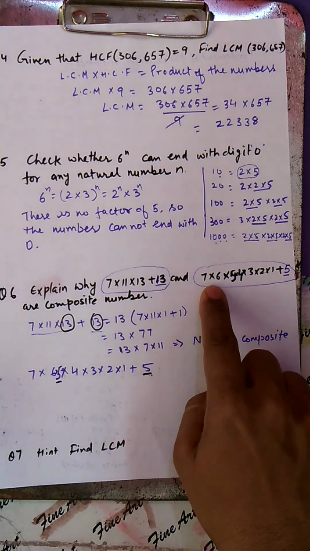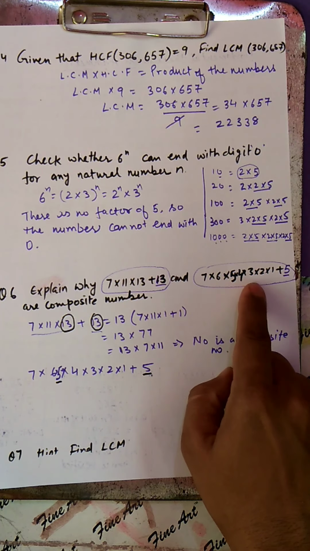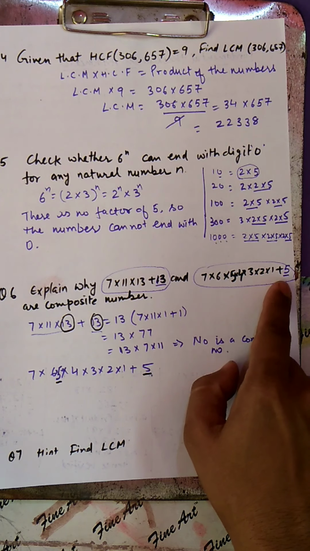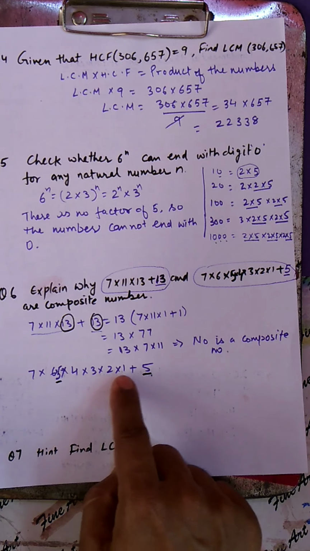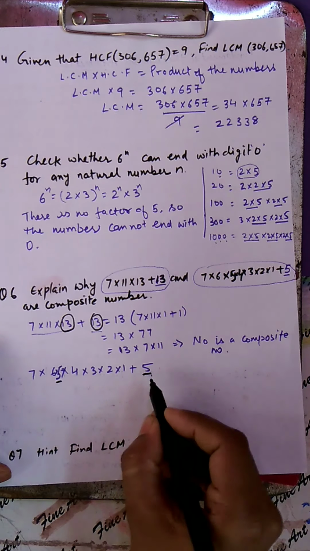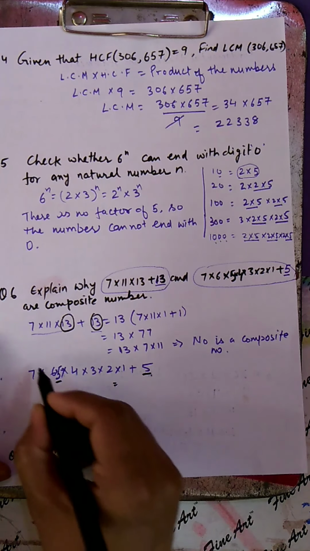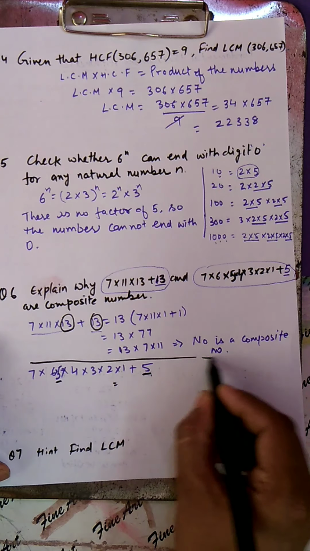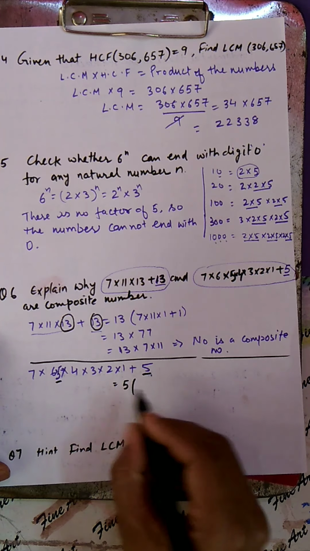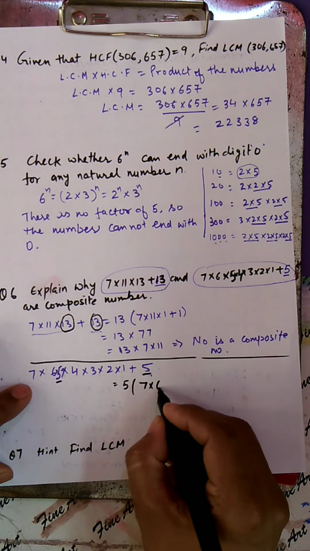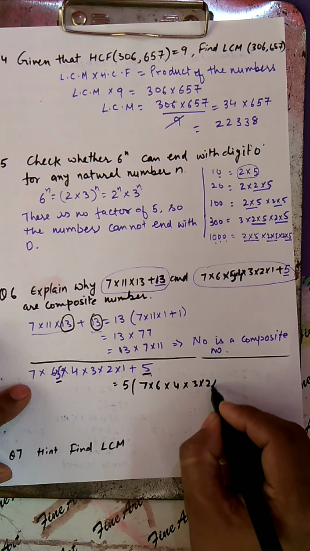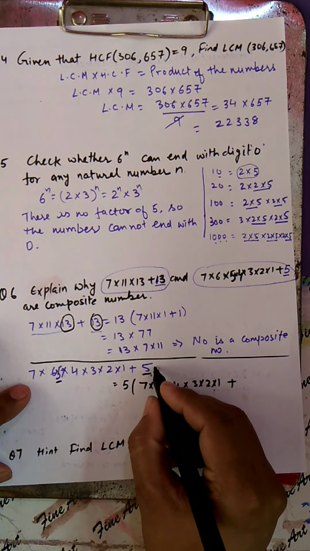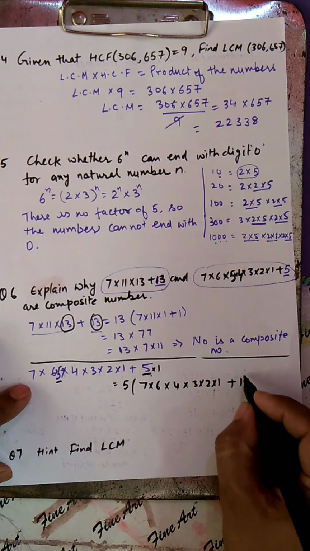Now the second part: 7 into 6 into 5 into 4 into 3 into 2 into 1 plus 5. You can see 5 is common, so 5 can be taken out common. If you take 5 common, it will be 7 into 6 into 4 into 3 into 2 into 1 plus 1, since 5 is 5 into 1.